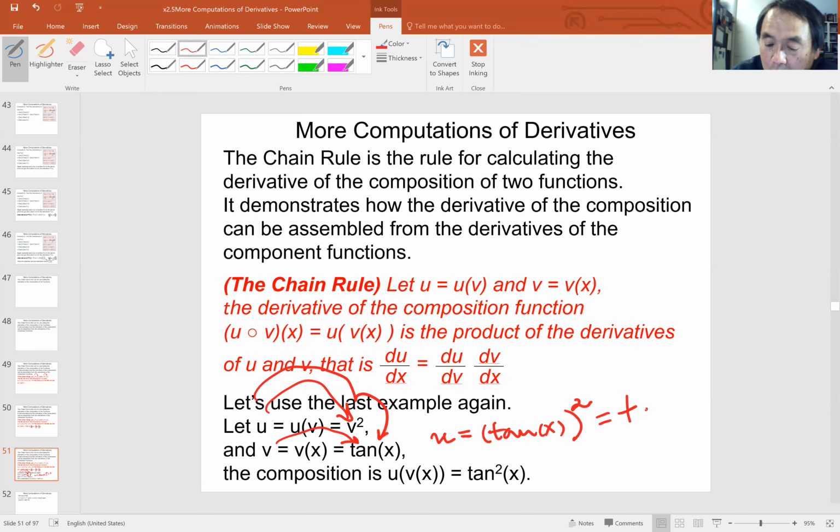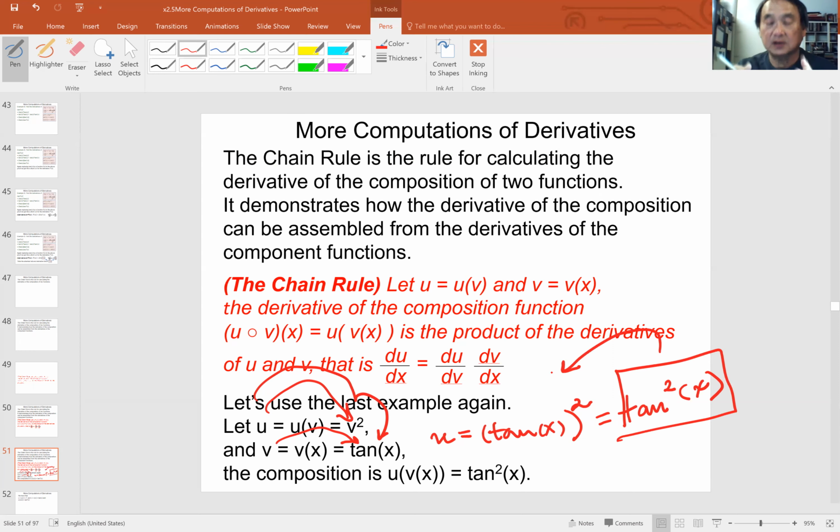By the way, in books we often write these with a square over the tangent, then the argument x. Whenever you see these, you should remember the squaring is on the outside; the tangent is being squared.